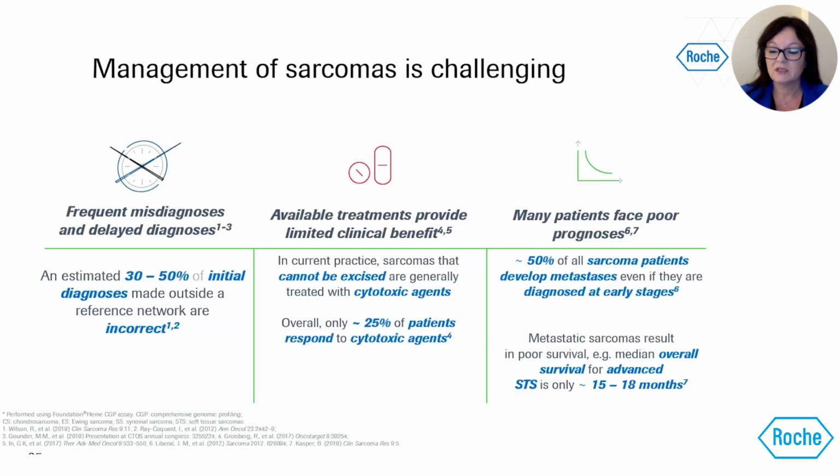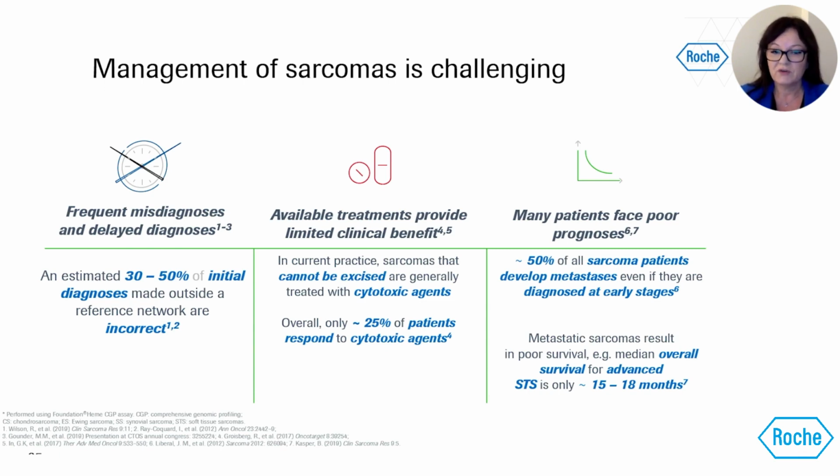Management of sarcomas is challenging. Metastatic advanced sarcomas cannot be surgically excised. Prognoses are very poor due to difficulty in finding optimal treatments. Management of sarcoma is challenging due to inadequate diagnosis, limited treatments, and poor prognosis.